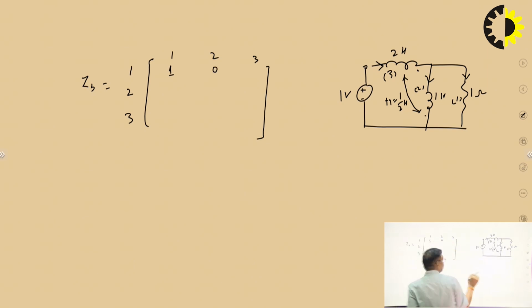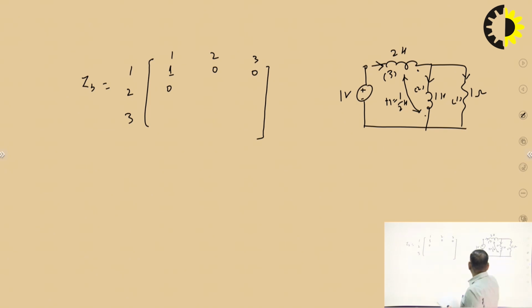Z13 is the mutual impedance between branch 1 and 3. There is no coupling between 1 and 3, so this element is 0. Now come to Z21. Z21 is the coupling between 2 and 1, so it is 0. Z22 is the self impedance of branch 2.